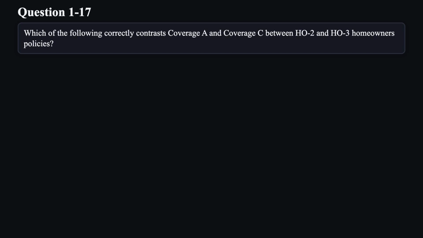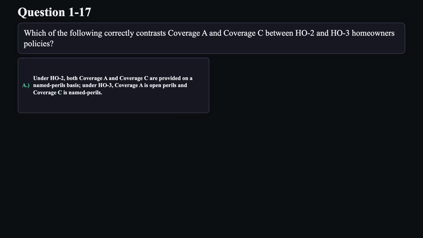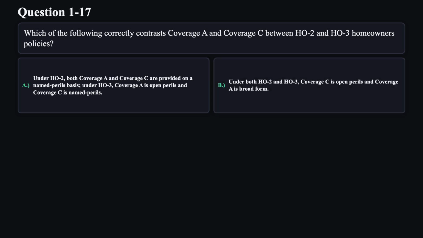Question 17. Which of the following correctly contrasts coverage A and coverage C between HO2 and HO3 homeowners policies? A. Under HO2, both coverage A and coverage C are provided on a named perils basis. Under HO3, coverage A is open perils, and coverage C is named perils. B. Under both HO2 and HO3, coverage C is open perils and coverage A is broad form.